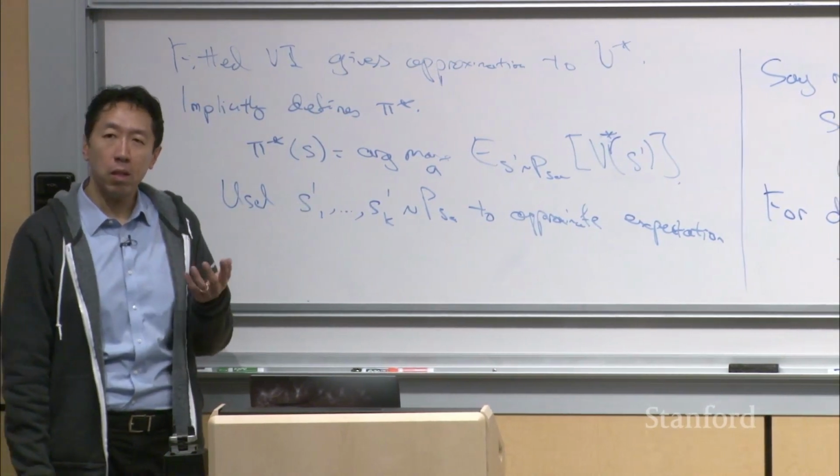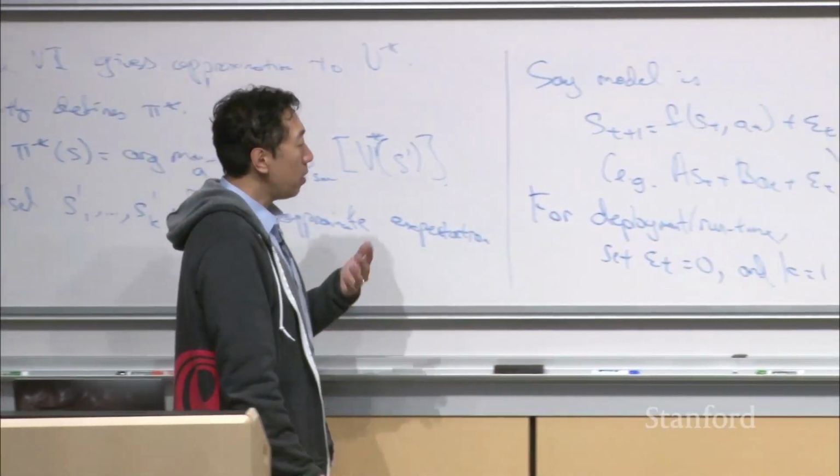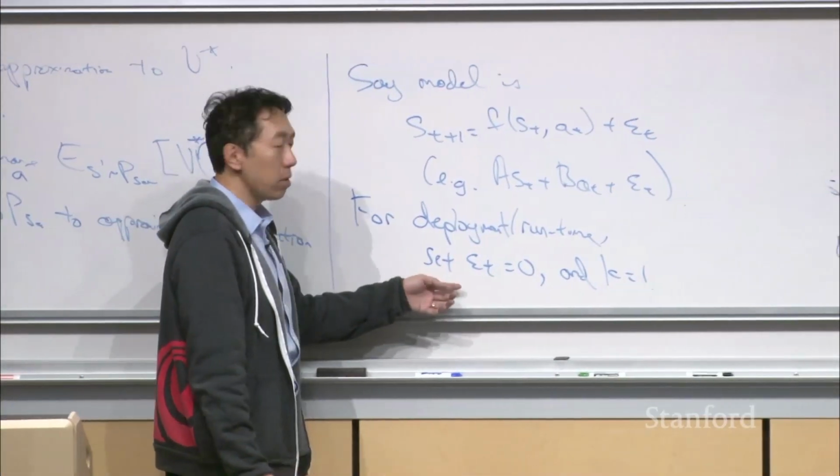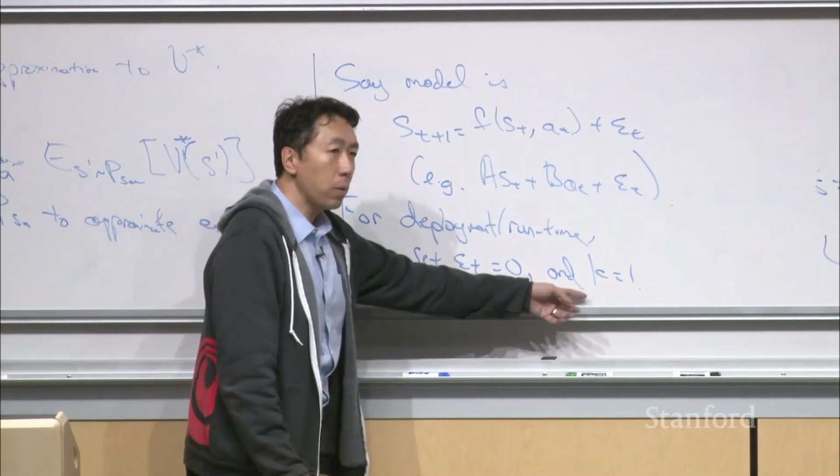But when you're deploying this in a physical system, one thing you could do that would be very reasonable is just get rid of the noise and set k equals 1.